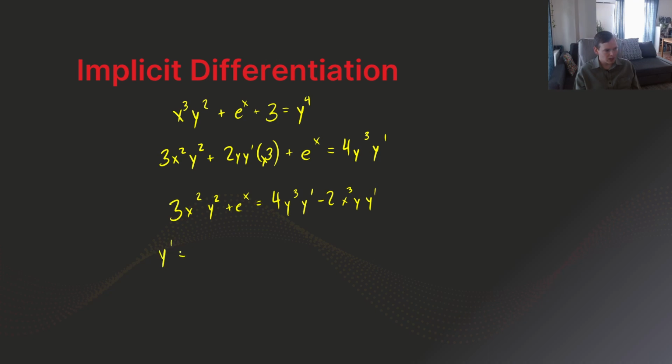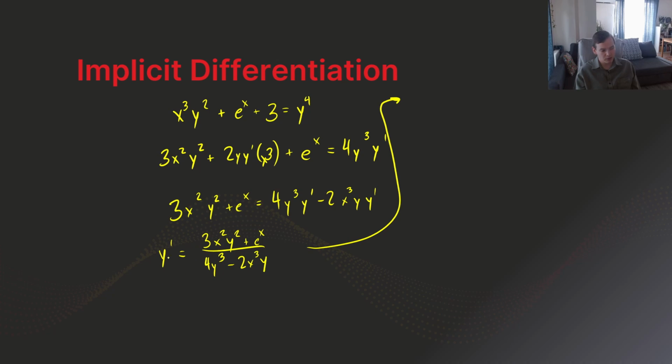So my y prime is equal to 3x squared y squared plus e to the x divided by, and this is going to be a mess, I shouldn't have done it this way, but we're stuck with our decisions, 4y cubed minus 2x cubed y. So here is our derivative.